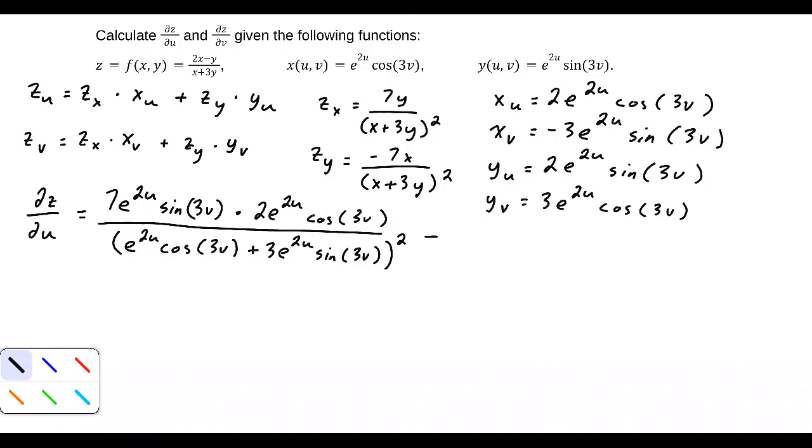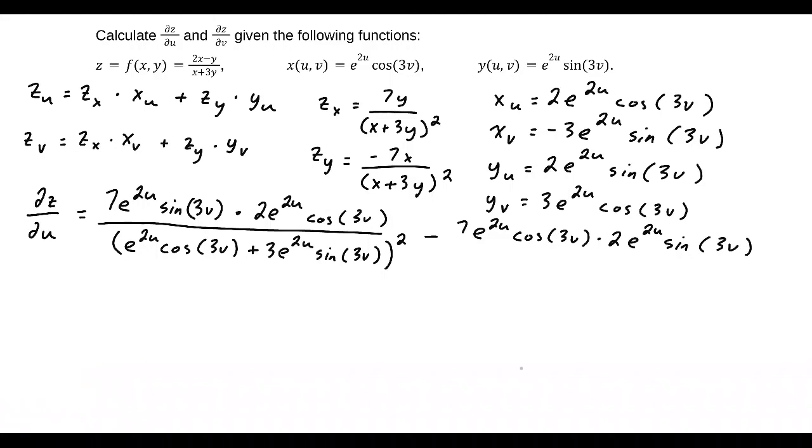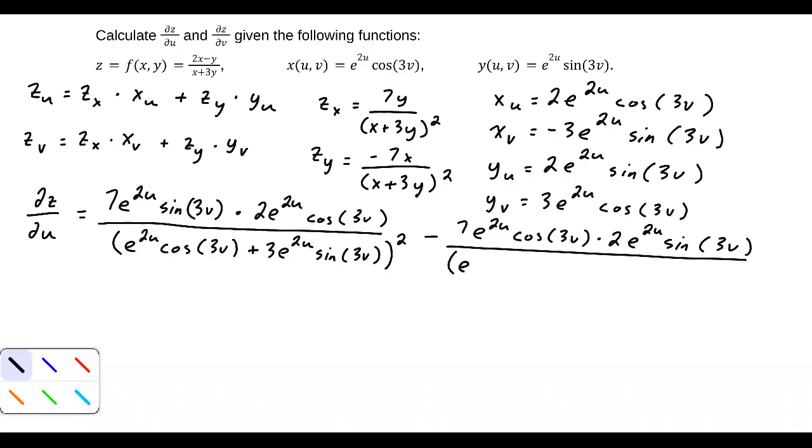So I have minus numerator 7 e to the 2u cosine of 3v, multiplied by 2 e to the 2u sine of 3v, with a denominator that is exactly the same as the first term, (e to the 2u cosine of 3v plus 3 e to the 2u sine of 3v) squared.